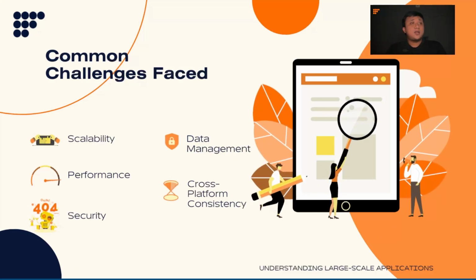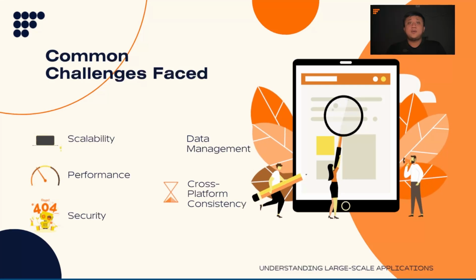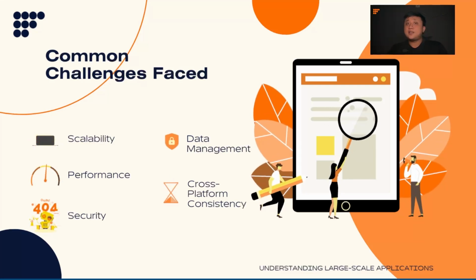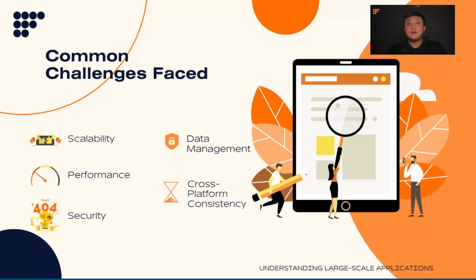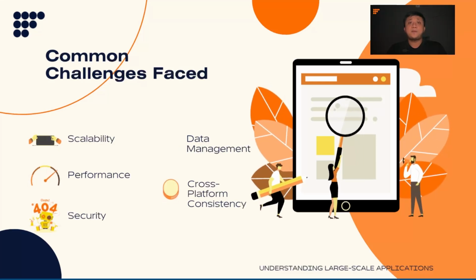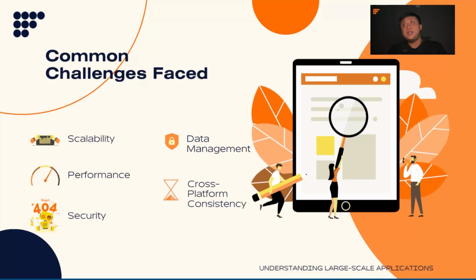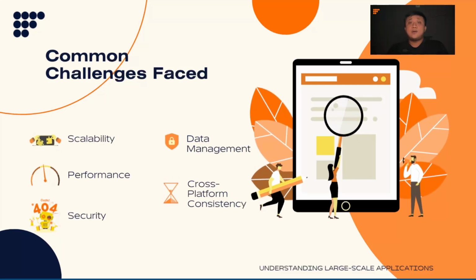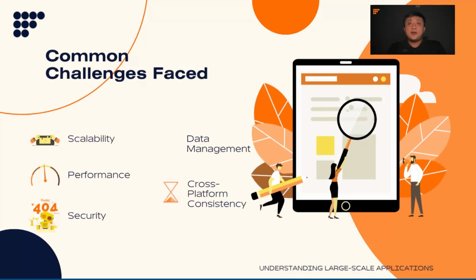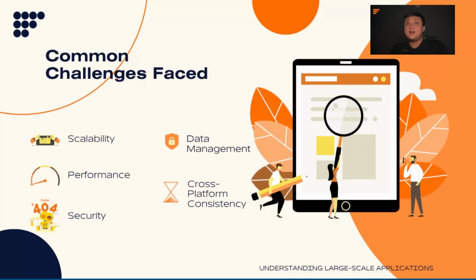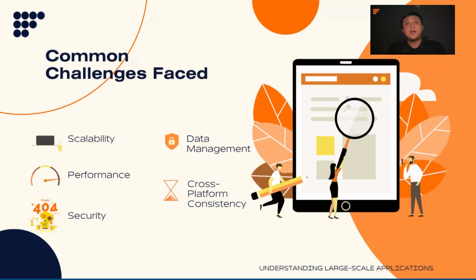Then the next one is data management, keeping the data accurate and organized. If the transaction data doesn't match across different parts of the system, it can lead to issues or errors. As QA, perform regular checks to maintain data consistency and accuracy throughout the app.